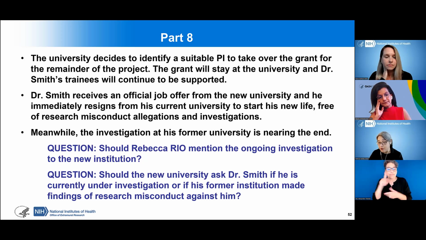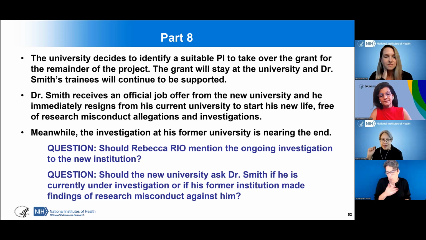Because we would want to impose specific award conditions on the new grant, likely like requiring additional supervision, things like that. Now, it's possible that the problem in the grant was so bad that it had to be terminated anyway. So the new institution might end up having to terminate the grant. So it just depends on how it goes.